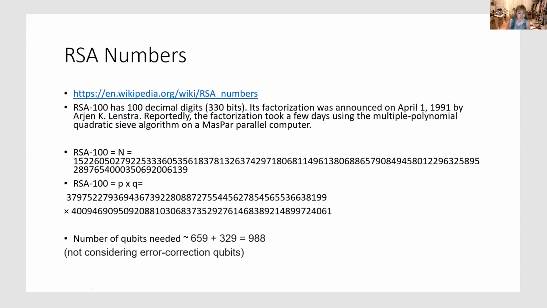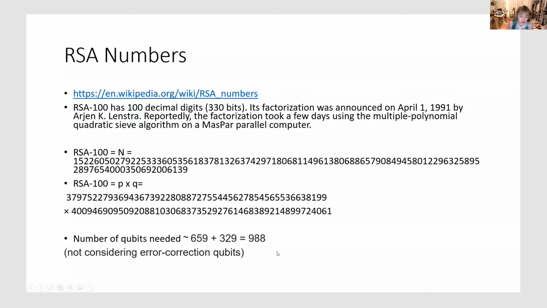But this is not even considering any error correction. And this is probably the simplest, the smallest N in the list. So for larger numbers, of course, you will need more qubits, but we're not even talking about having additional qubits to correct the errors that could be generated in your setup.